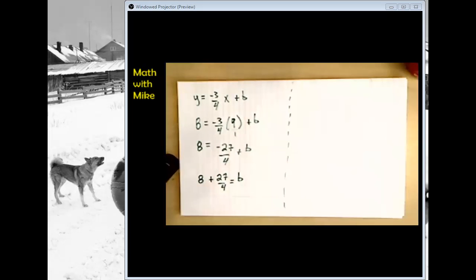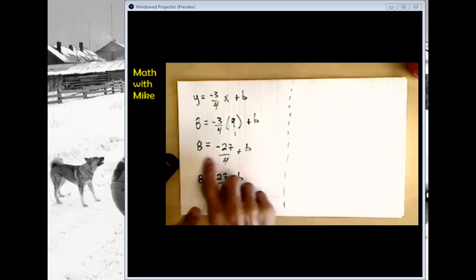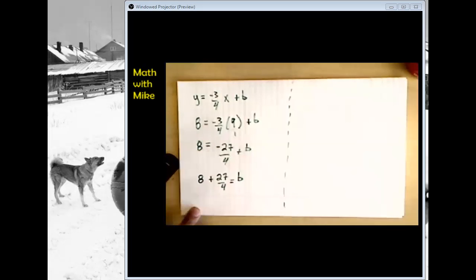So you change the sign from negative to positive because we're moving it across the equal sign. And now either your brain, Casio, or friend works this out. What do we get? What happens next?